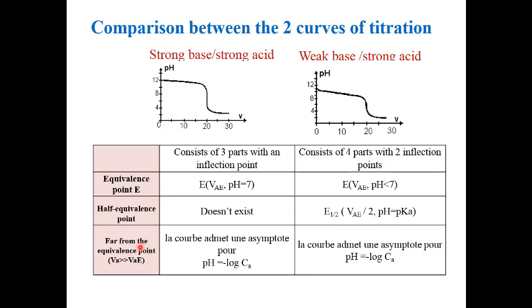Now, if we continue adding acid after reaching equivalence, when the volume of acid added is greater than the volume at equivalence, the curve, sorry, here it's in French, so excuse me, will have an asymptote at pH equals minus log Ca, and here it will have the same asymptote.